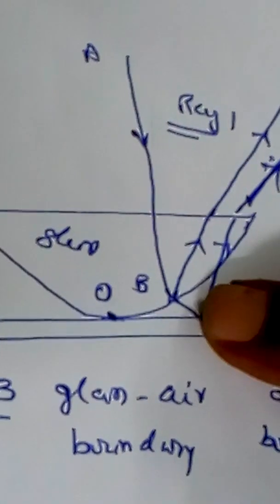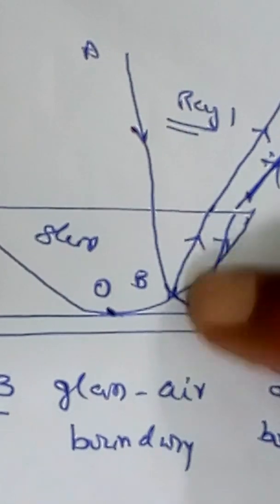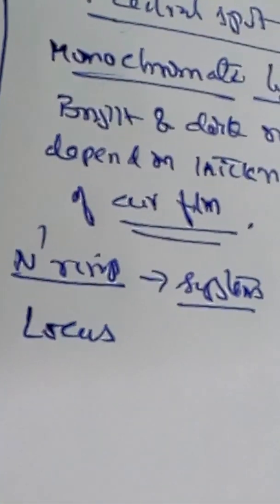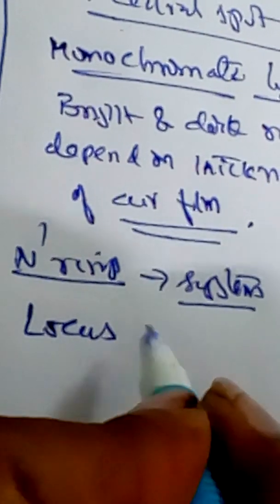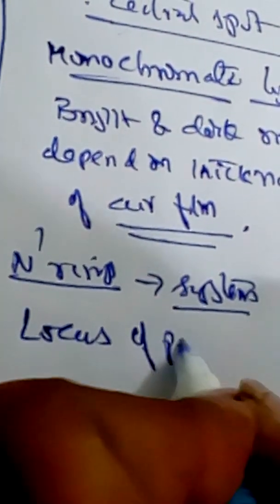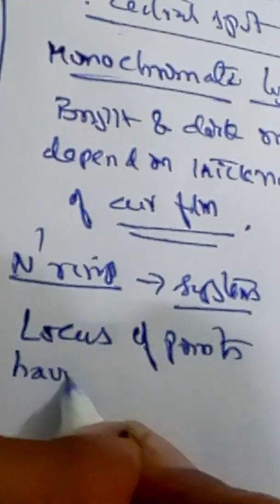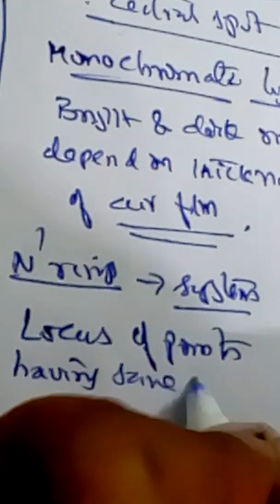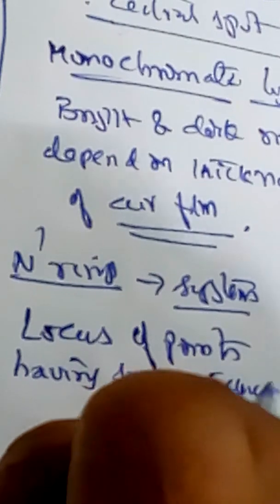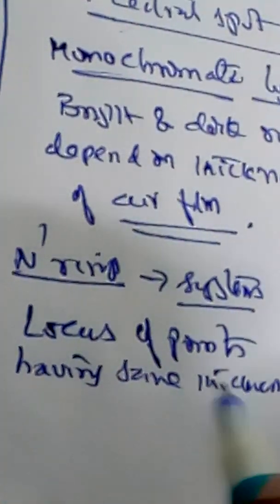Now if you take the locus, suppose I have taken a film where the thickness is uniform. So I will draw the locus of all the points of same thickness. What will happen?